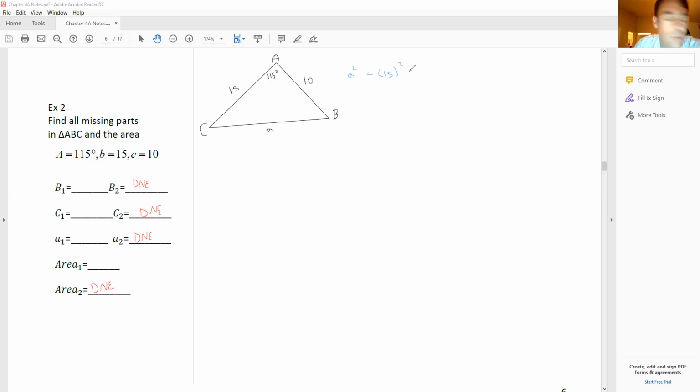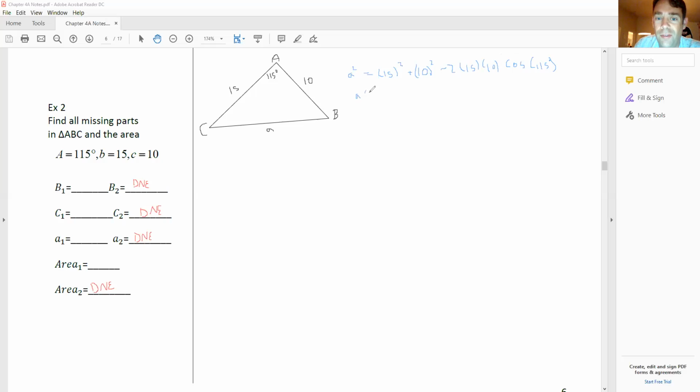So A squared equals 15 squared plus 10 squared minus 2 times 15 times 10 times cosine of A, which was 115 degrees. So literally, this is just plug this into your calculator and then take the square root of it.